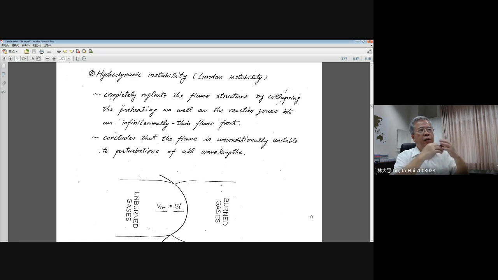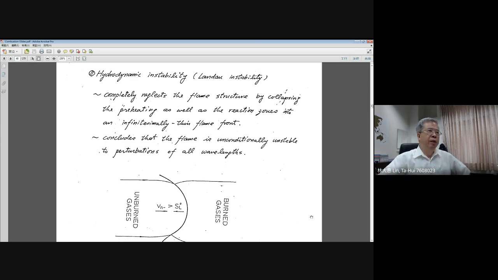We call this the stability analysis. From the early beginning, Landau did this kind of analysis on propagating flames, but used the terminology and methodology of so-called hydrodynamic instability.